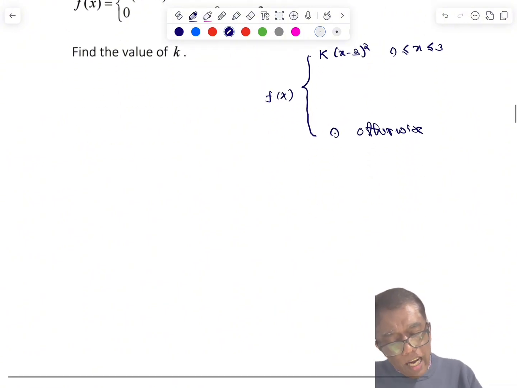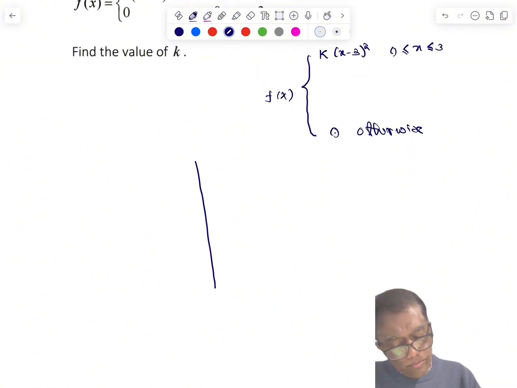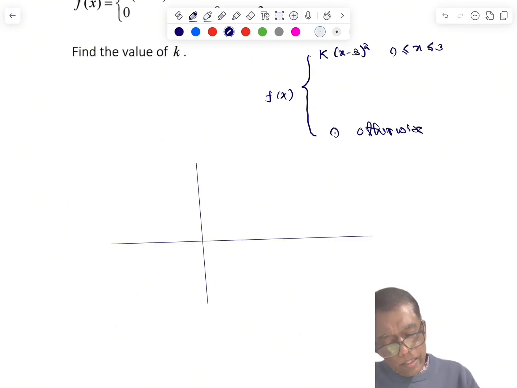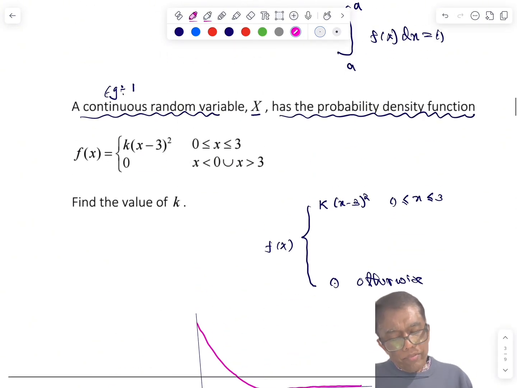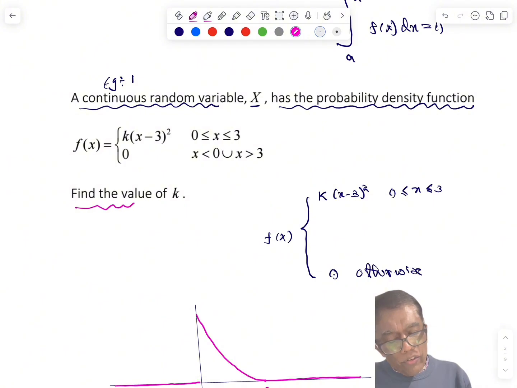If I draw the graph, from 0, and then x, this is 3, then it is 0 again. We are asked to find the value of k.